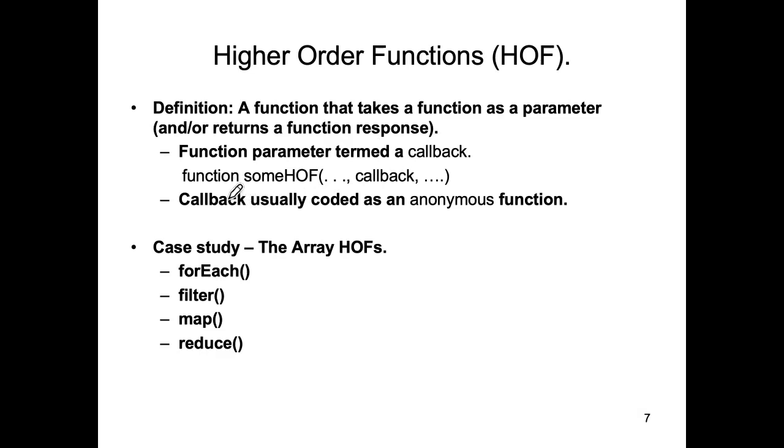And usually these callbacks are coded as anonymous functions. An anonymous function is a function with no name. We don't have to give a name to the function that we pass in as a callback. Whatever name we give to the parameter will be the name of the function.